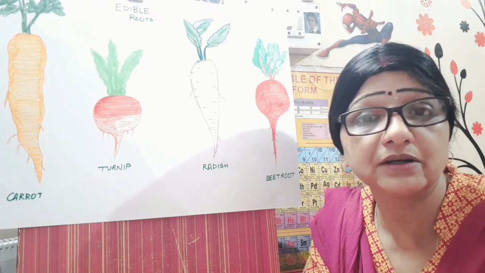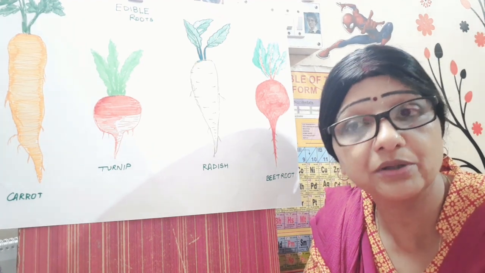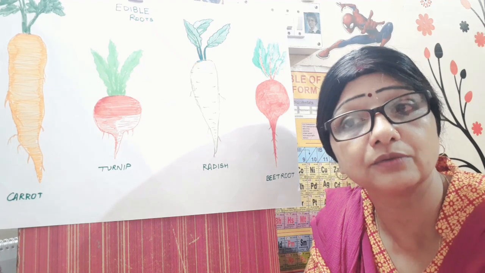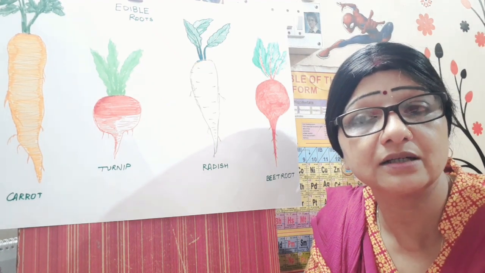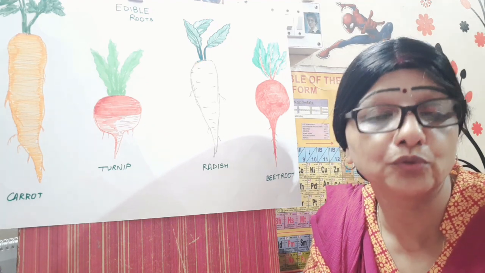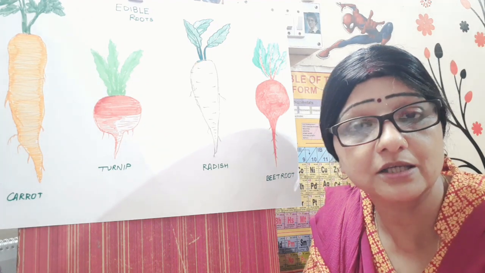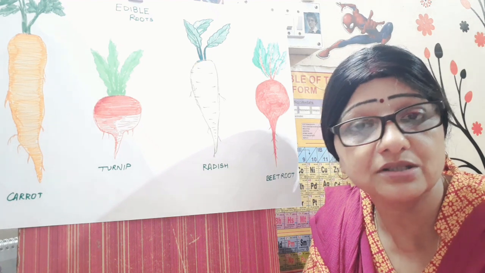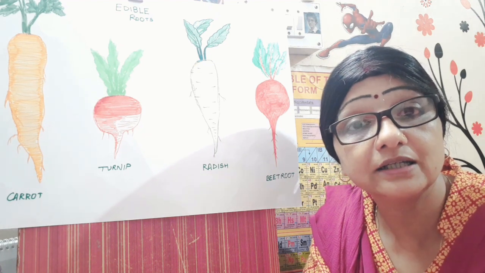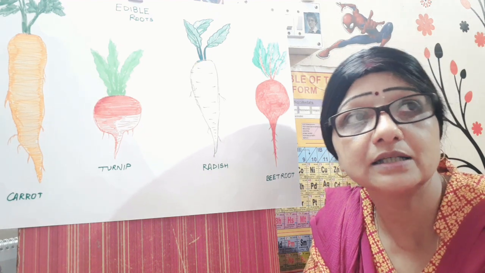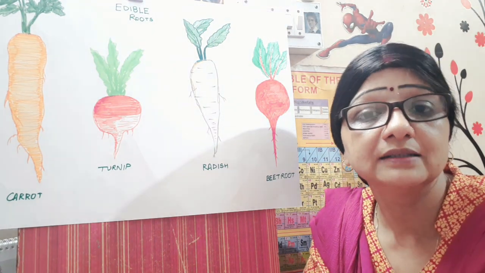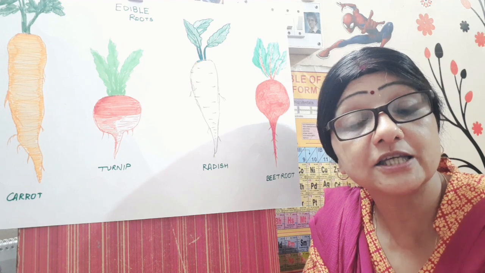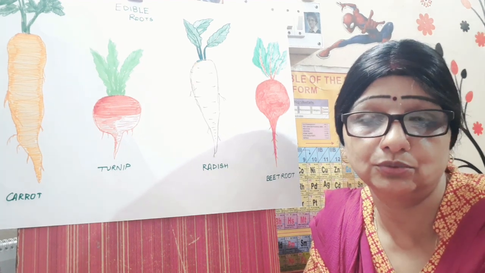For some plants, we studied about fruits like brinjal, tomato, gourd. These are the fruit parts which store food. In some plants, leaves store food for us, like spinach and cabbage. In some plants, roots also store food, and that is regarded as a special function of the root.